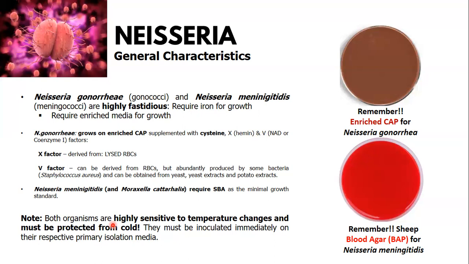It is for this reason that specimens suspected of having Neisseria gonorrhoeae or Neisseria meningitidis must be inoculated immediately on the primary isolation media, specifically enriched chocolate agar plate for Neisseria gonorrhoeae and blood agar plate for Neisseria meningitidis, so that they will be incubated using their required incubation condition, which, as I said earlier, is 35 degrees Celsius with increased CO2 and increased humidity, because apart from being sensitive to temperature changes, they are also sensitive to drying, and that explains their need for increased humidity upon incubation.